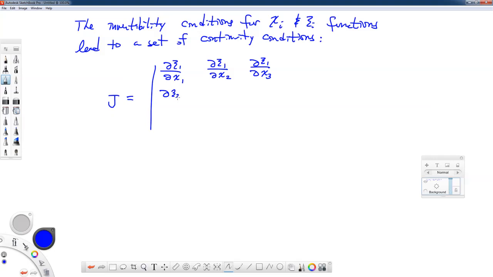The second row will be very similar, where we use xi2 and take the partial derivative of that with respect to x1, x2, and x3, and then the last one will be xi3 with respect to x1, x2, and x3.